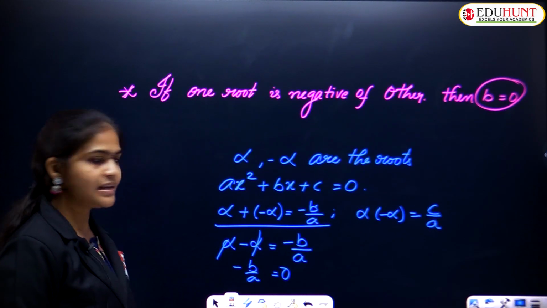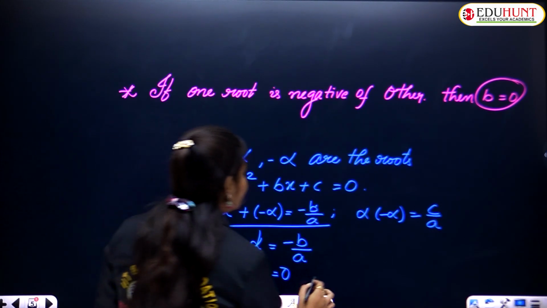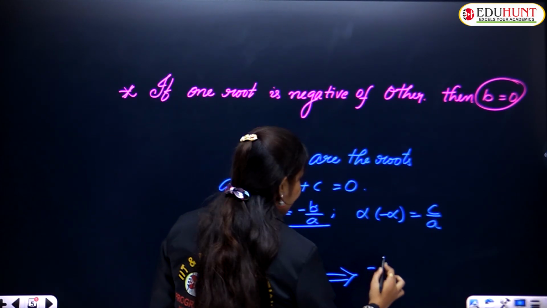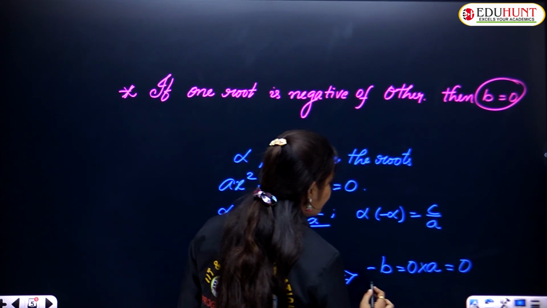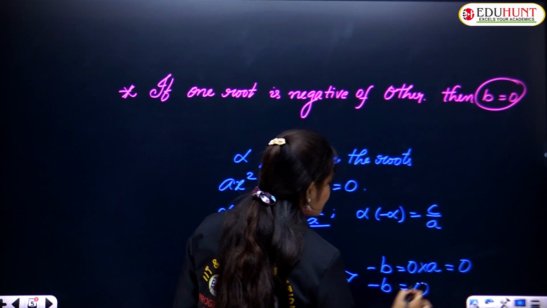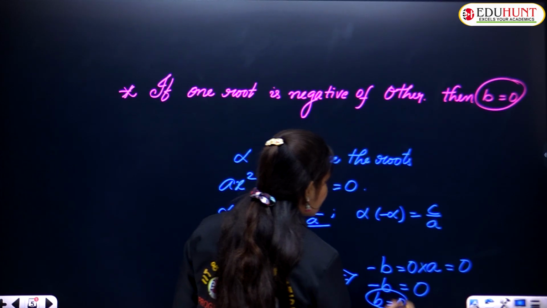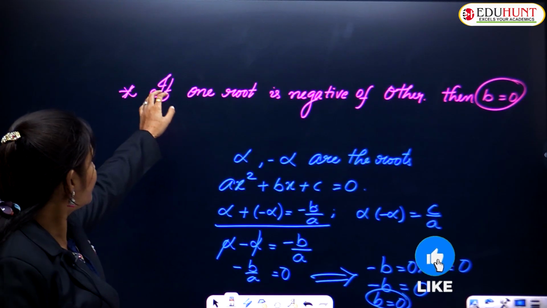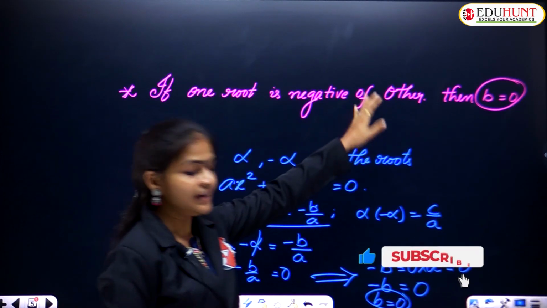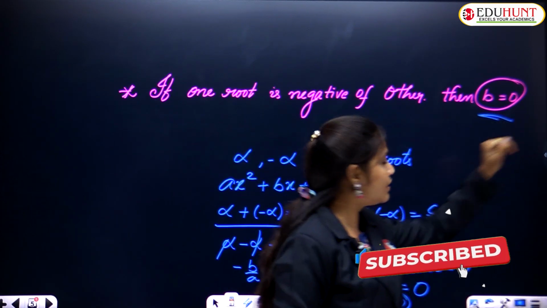So minus b by a is equal to 0, so minus b is equal to 0 into a, which is 0. Next, minus b is equal to 0, from this b is equal to 0. Hence it is proved. Am I clear to you? So if one root is negative of the other, then b is equal to 0.